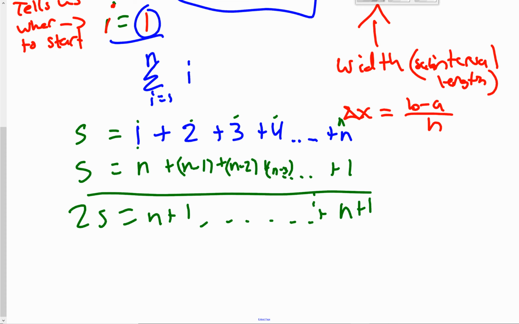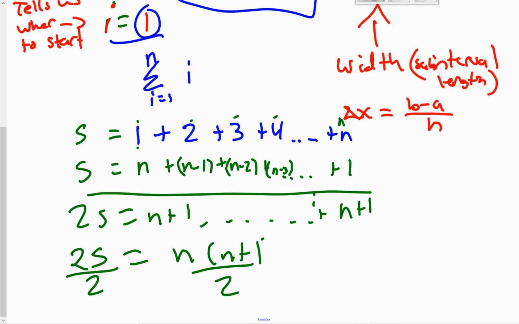So that means this is just n times n plus 1, and divide that by 2. So that means the sum of the first however many numbers I want to go to is n times n plus 1 all over 2. And so that's the sum of this.